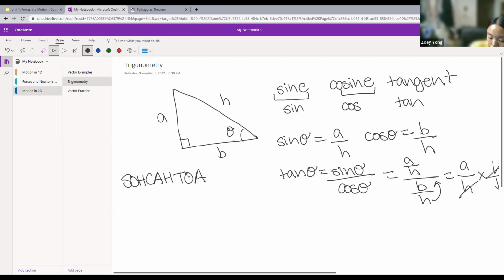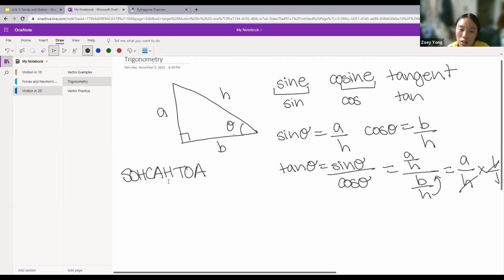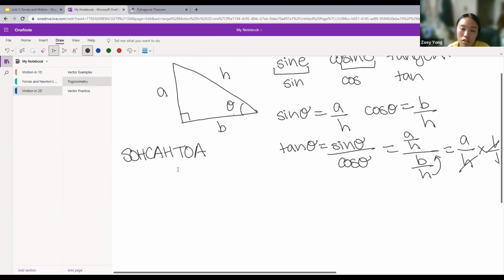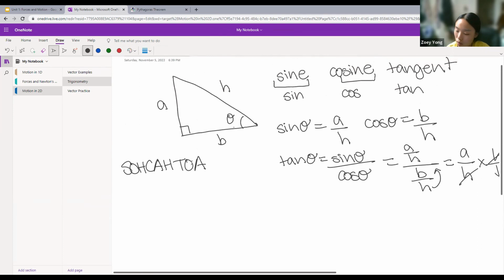And tangent is the opposite side divided by the adjacent side. Or, one of my math teachers taught me, some old horse came hopping through our alley. That works too, but it's kind of long. So whichever one works best for you.